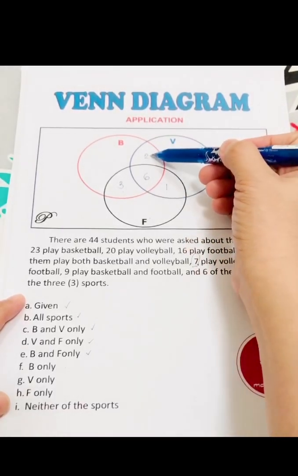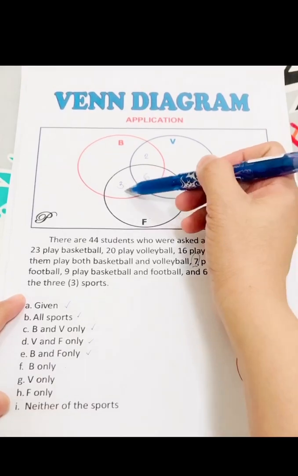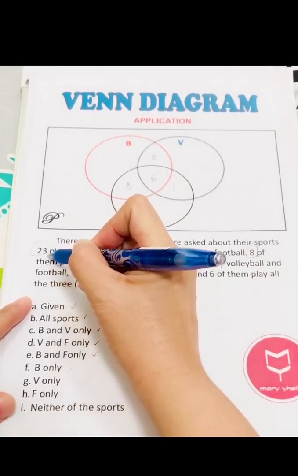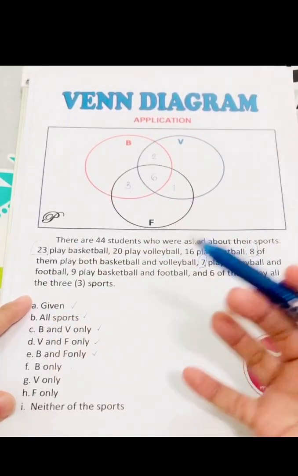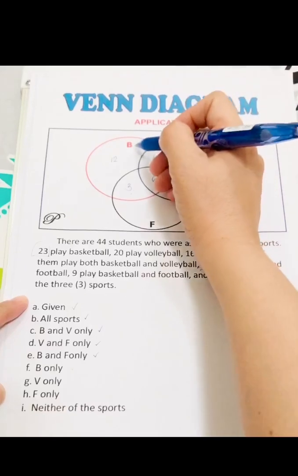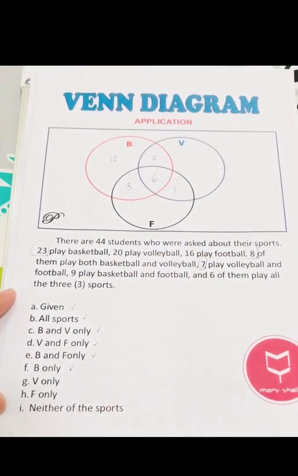So here we have 2, 6, and 3. 2 plus 6 is 8, plus 3 is 11. And the total students who played basketball is 23. So 23 minus 11 will result in 12. And that would be the students who played basketball only.